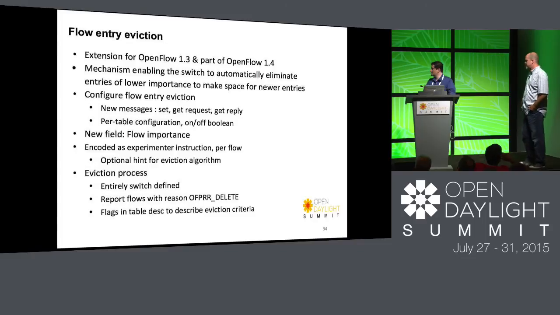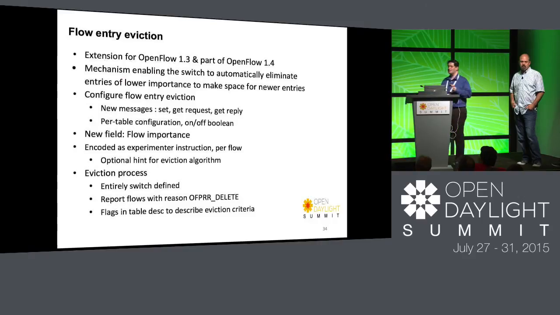So these are a couple of features from OpenFlow 1.4. These are implemented as extensions to the OpenFlow 1.3 spec, but they are officially part of the OpenFlow 1.4 spec. Both of these are very related features, and they also require support on the OVS side, or the switch side.